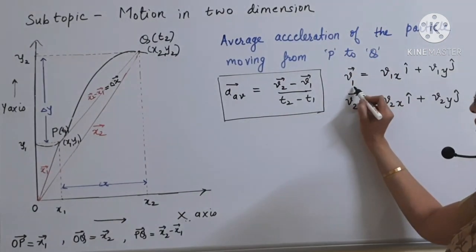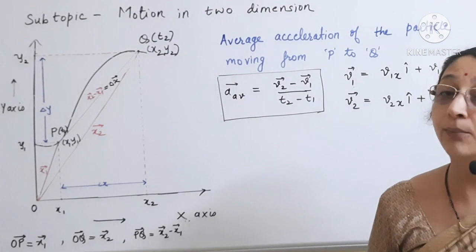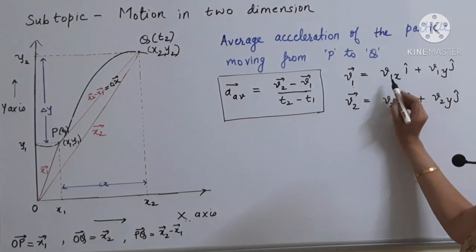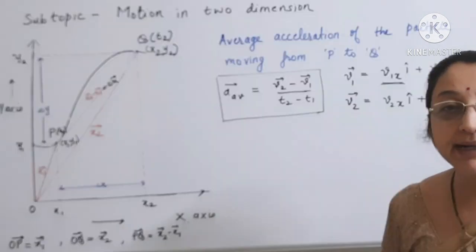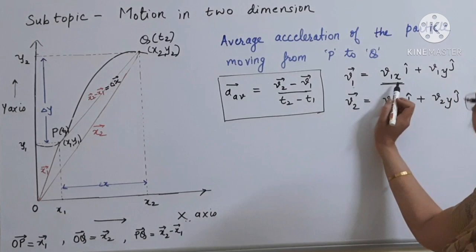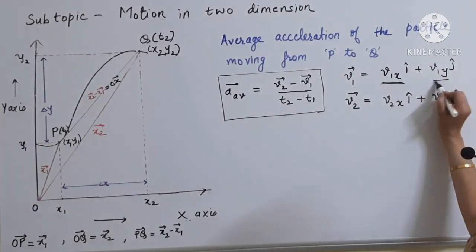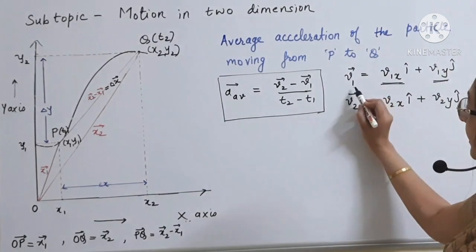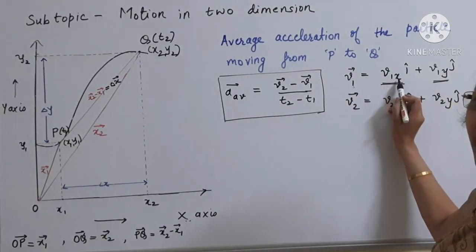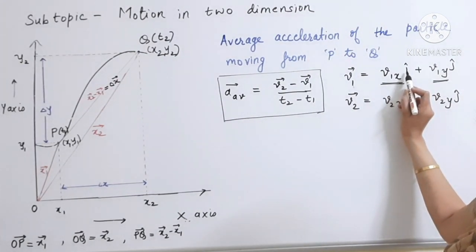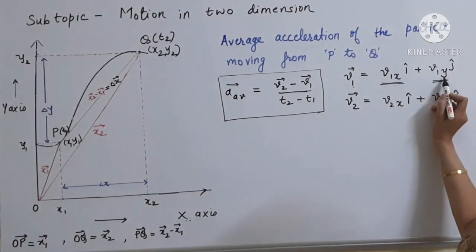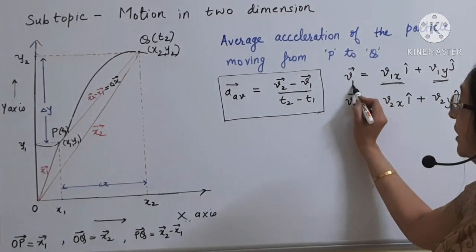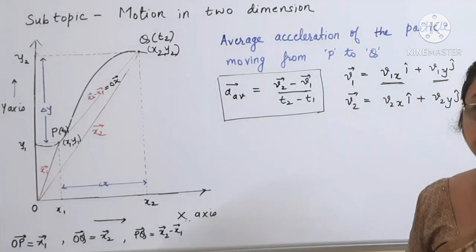So this velocity V1 will have two components, one in the x direction and one in the y direction. We called the x component V1x and the y component V1y. So we write V1 as V1x i, because it is along the x direction, plus V1y j, because it is along the y direction.